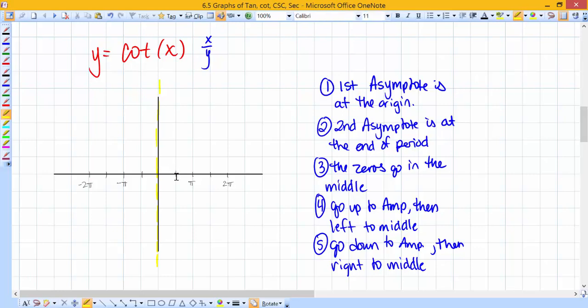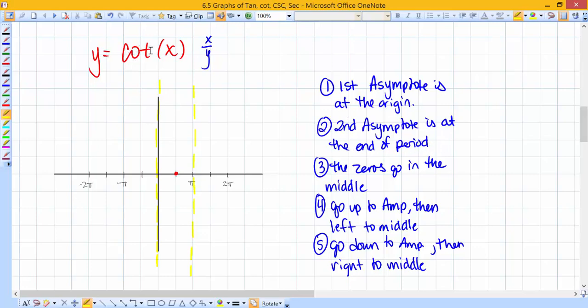Now I go to pi over 2. At pi over 2, your cotangent is 0. It is 0 divided by 1. Go to pi, undefined. Oh look, second asymptote is at the end of the period.